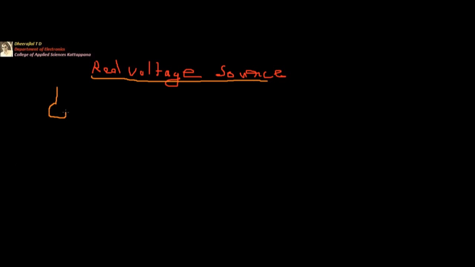It is just a voltage source. You have a plus, you have a minus, and say you have some 10 volts. You are going to have a current through this when you connect a resistance R.